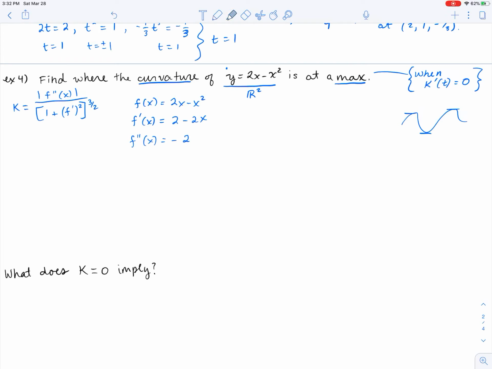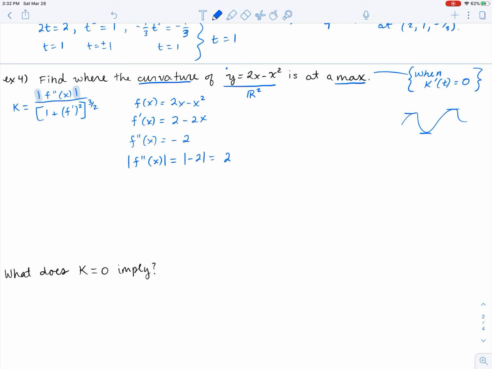So notice that the numerator here has absolute values. The magnitude of a scalar function doesn't make sense, so in this case, we know contextually that we mean the absolute value of the second derivative, which is just +2.